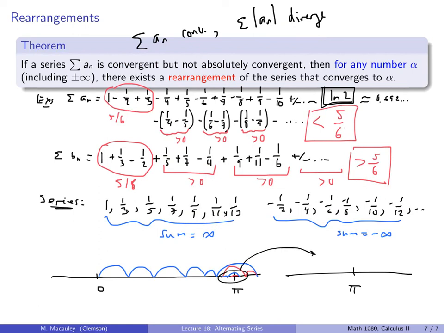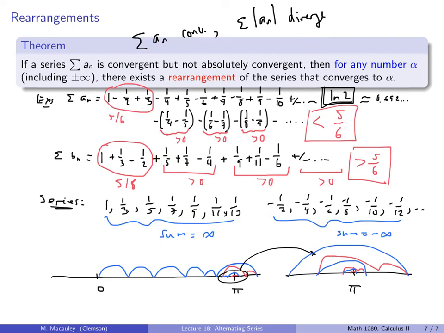I have a jump here, then a jump here, and a jump there, and so forth. What I keep doing is converging upon pi, and I have created a rearrangement of my series to equal pi. And you can do this for any old number you want.